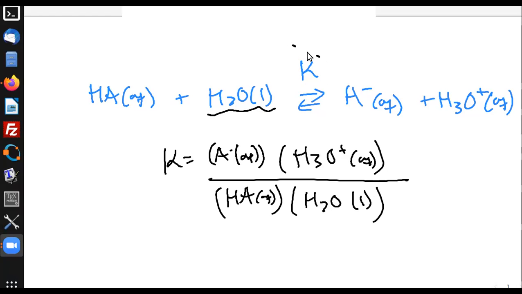So what is this K value? It has some value. And since it's an equilibrium constant, it is a constant value. It's the same value all the time. And how about this water down here?